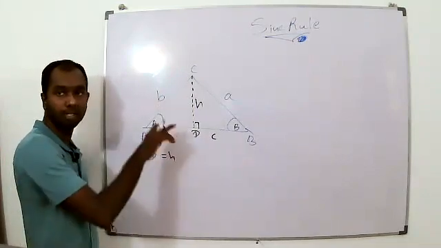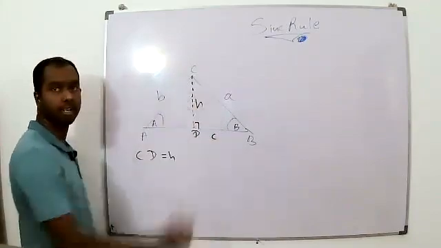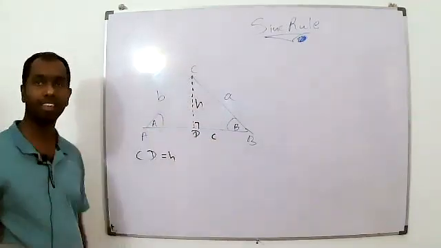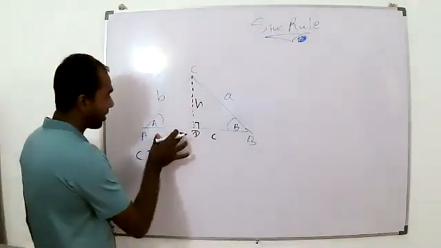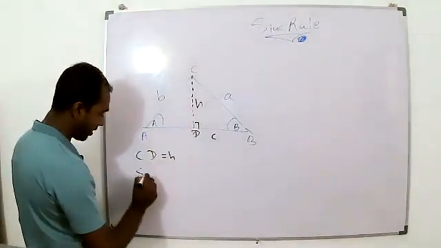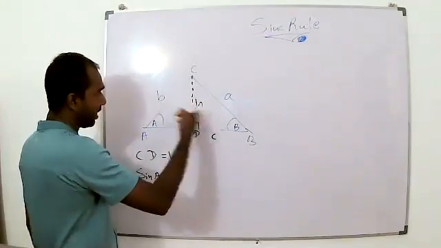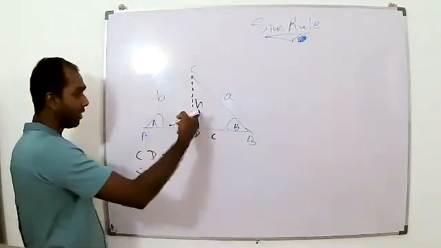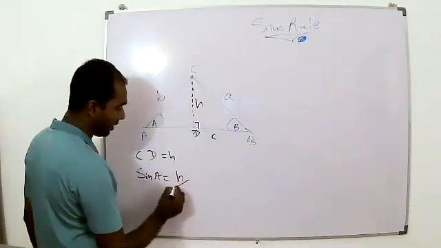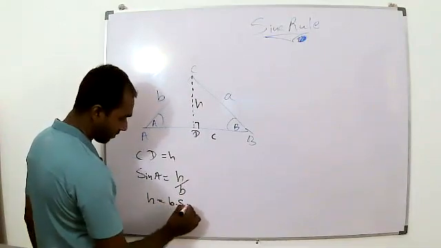If we think of this as a right angle triangle, we can apply the trigonometric ratio. We have sine A equals opposite side divided by the hypotenuse. Opposite side is H, over b. So I can write H equals b sine A.